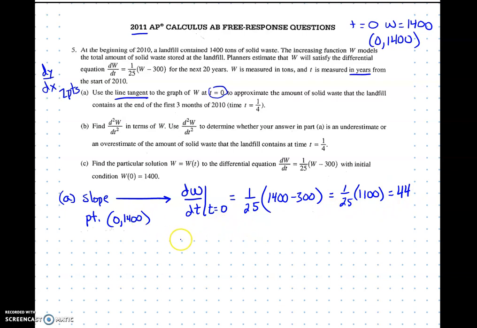That's my slope. I have a point. So my line is y is equal to 1,400 times t. Excuse me, I'm so sorry. My line is, let me write it the way we've been writing it: y minus 1,400 equals 44 times (t minus 0).